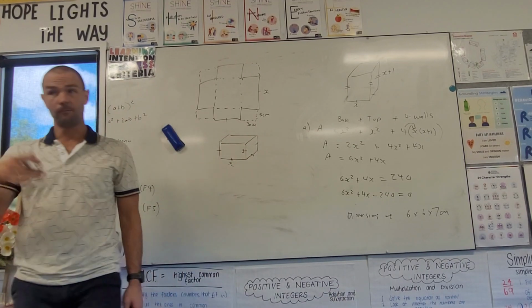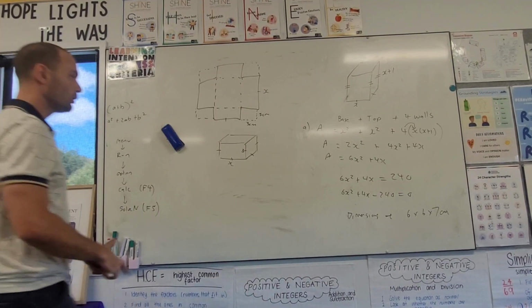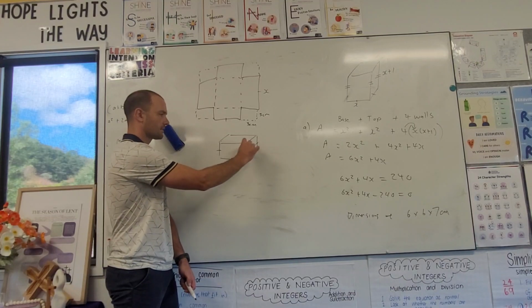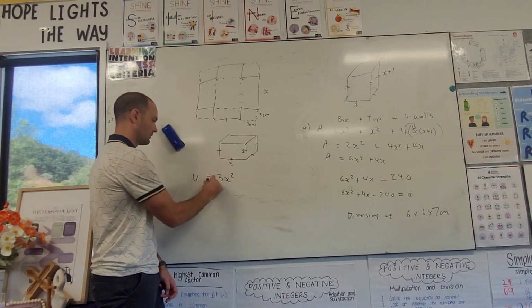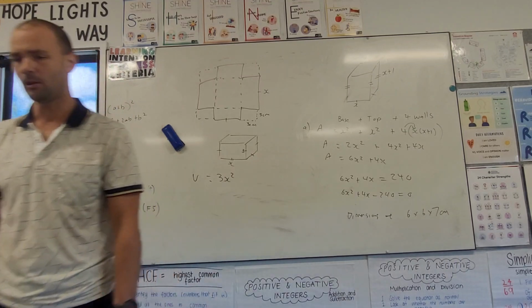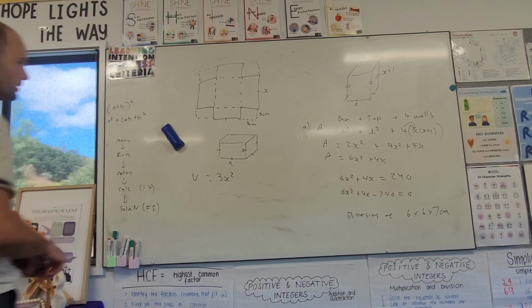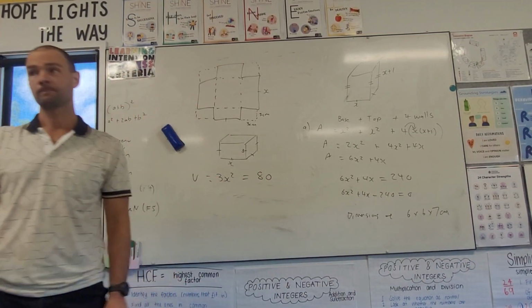Okay, so then the volume of this shape, the volume of a 3-dimensional prism, x times 3, so that's 3x squared. Right, 3 times x is the volume. And the volume holds 80 centimeters cubed. So we have 3x squared equals 80.